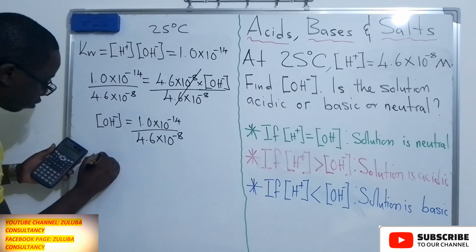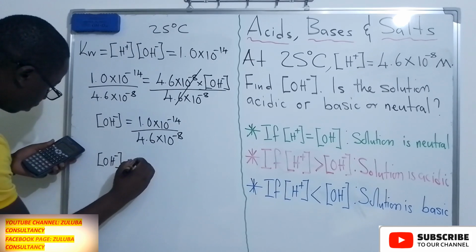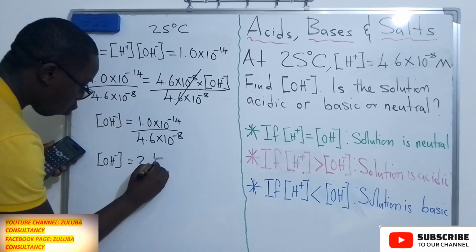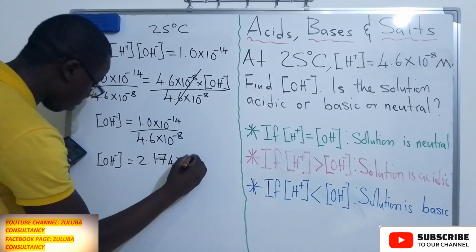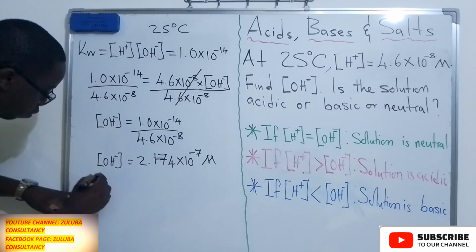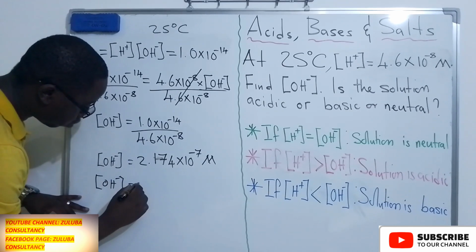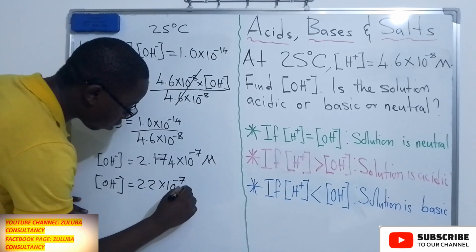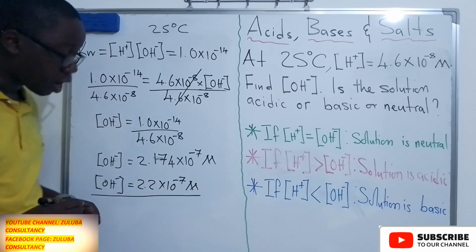The answer for the concentration of OH negative we are getting is 2.174 times 10 to the power negative 7 M. We can round this off as the concentration of OH negative equal to 2.2 times 10 to the power negative 7 M. So this is the concentration of OH negative.